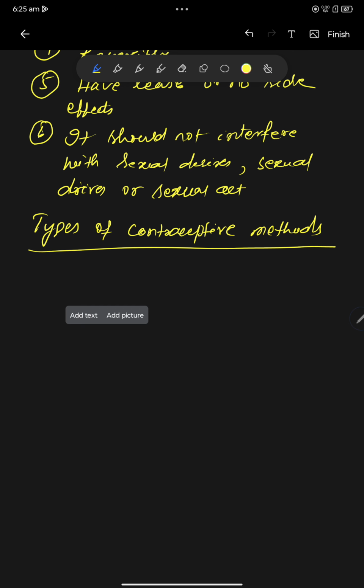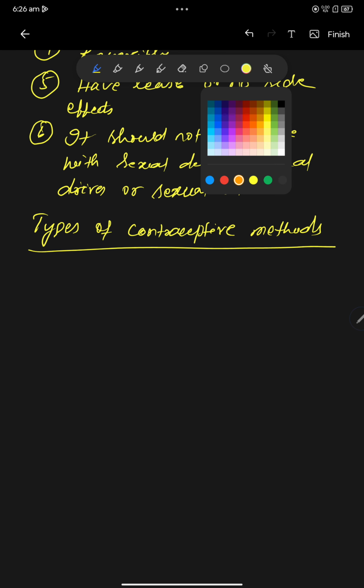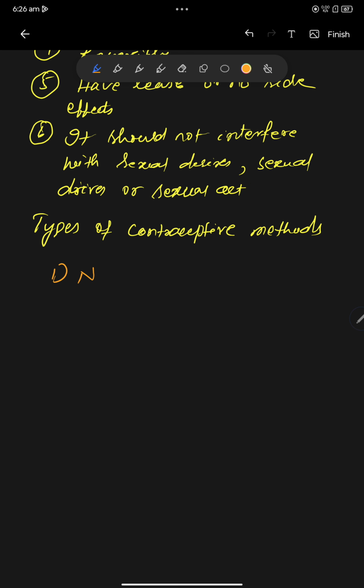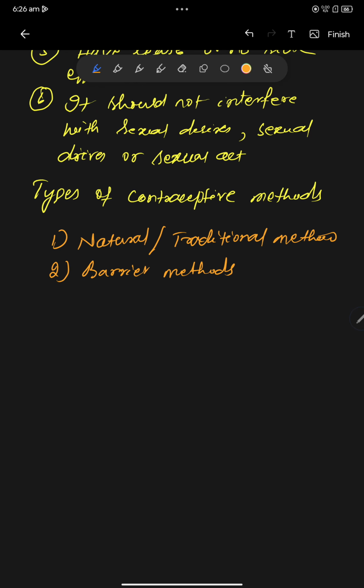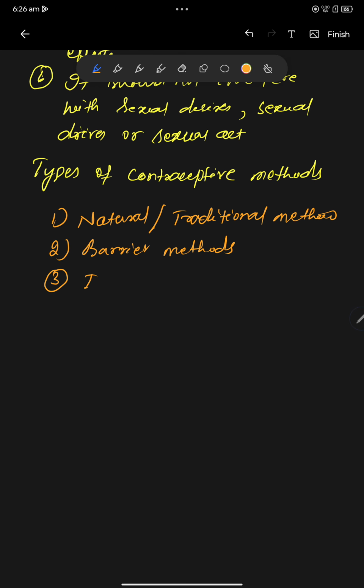The methods are: natural or traditional method; next, barrier method; third, IUDs, that is intrauterine devices.